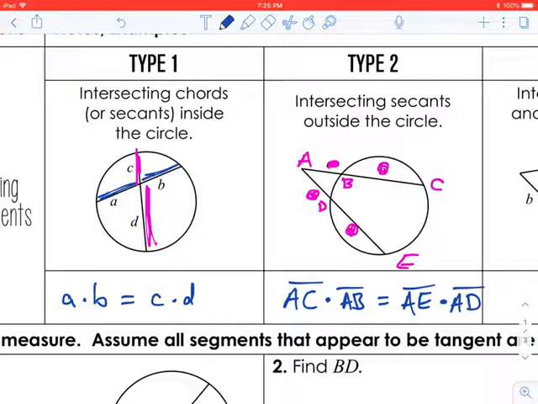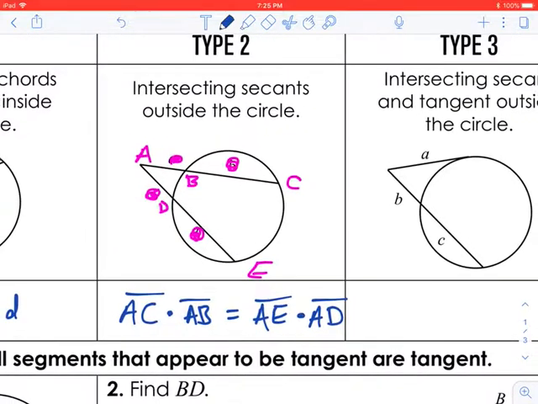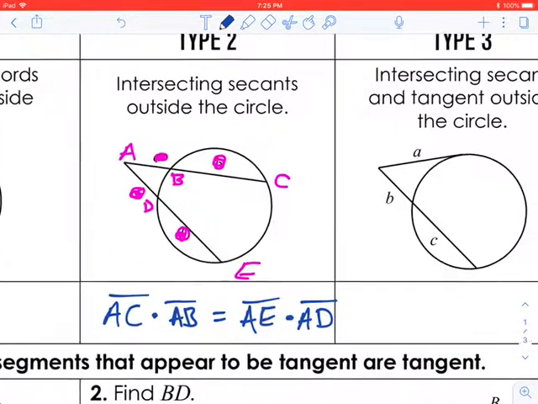Okay? So in that case, we've got the whole thing times the part equals the whole thing times the part.